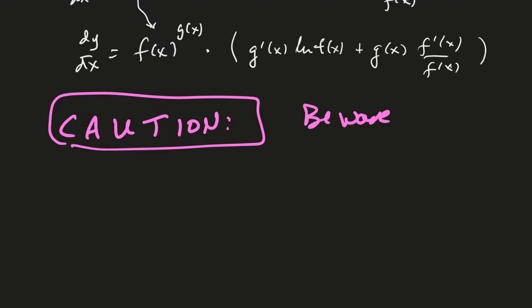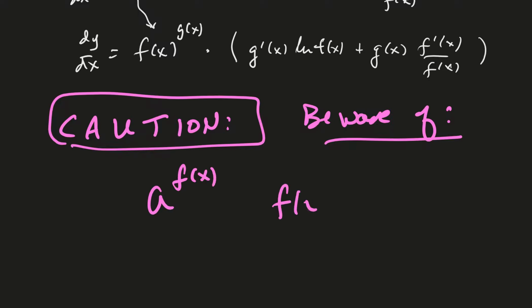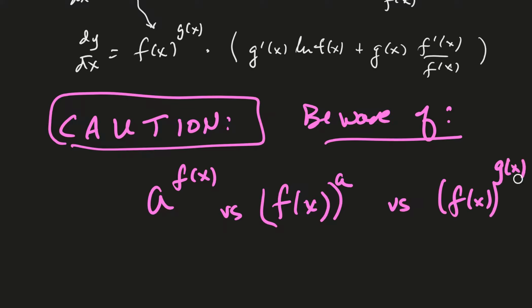Beware of the difference between a to the f of x power, f of x to the a power, and f of x to the g of x power, right?